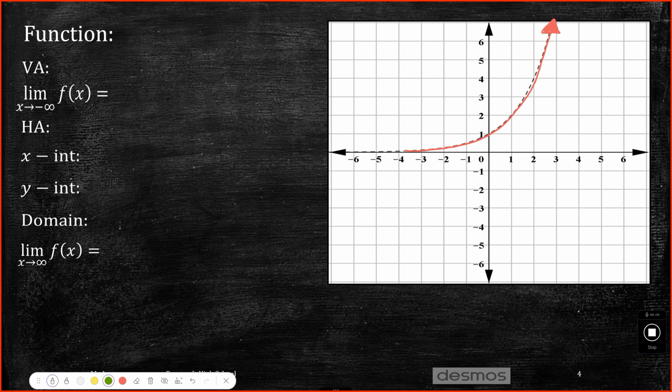All right, so what's the name of this function here? Linear. It's a linear function, no?